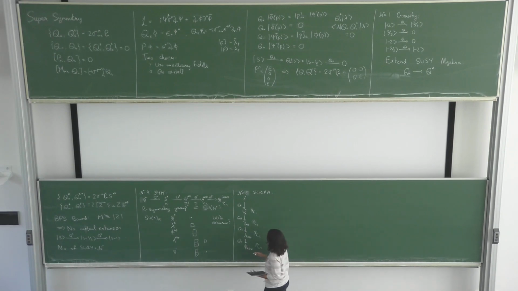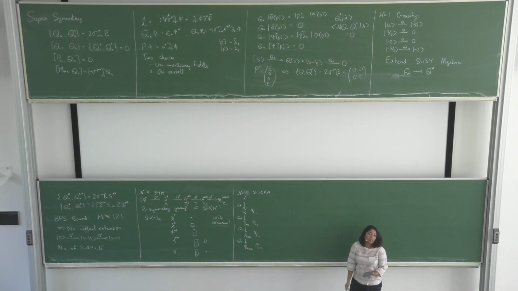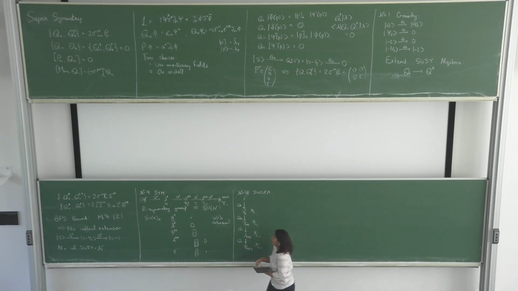Maybe in the interest of time, I'll just say that you should be able to prove that you can't actually give this multiplet or even that multiplet a U(1)_R extension. And you should remember that what I mean by U(1)_R is that each of these Qs now carry an additive U(1) charge, which means that, let's say this has charge Q, this has R charge R, so this would be Q plus R, Q plus 2R, etc.